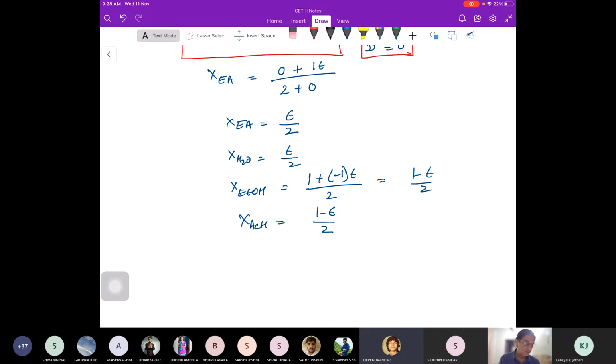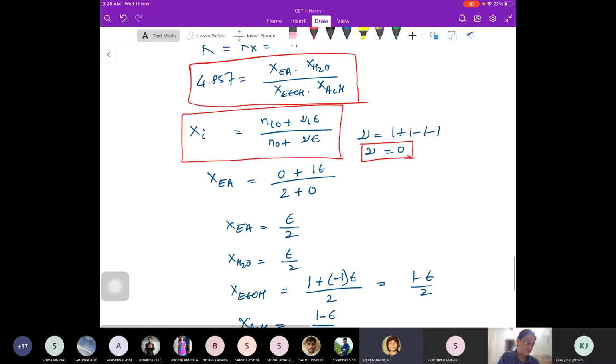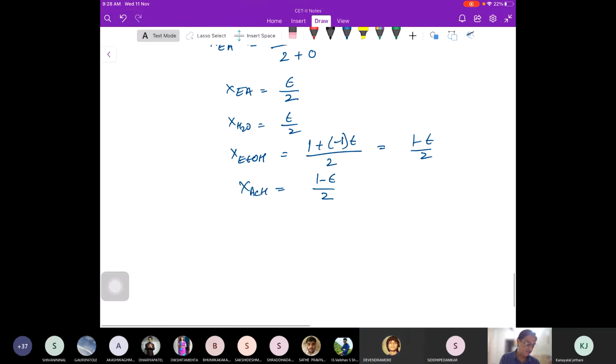Okay, so you can substitute in that equation and find out the value of epsilon.